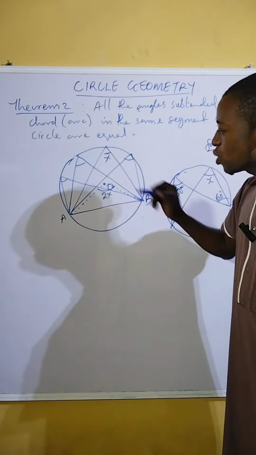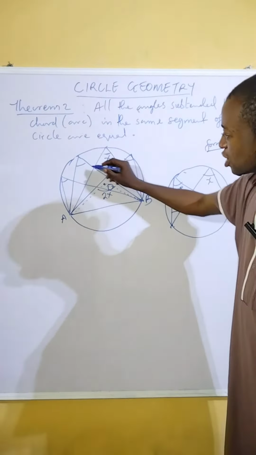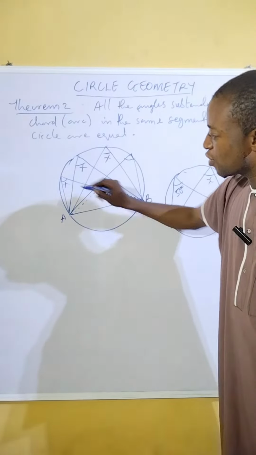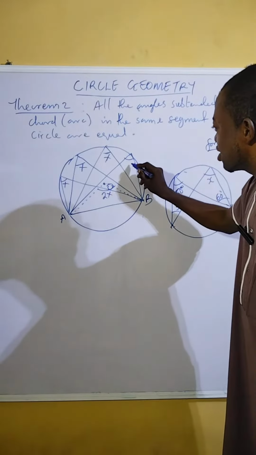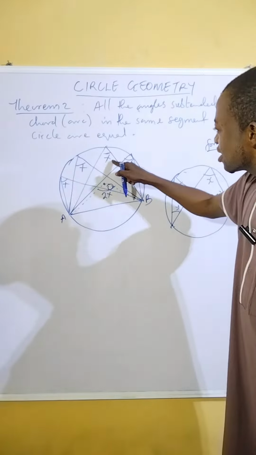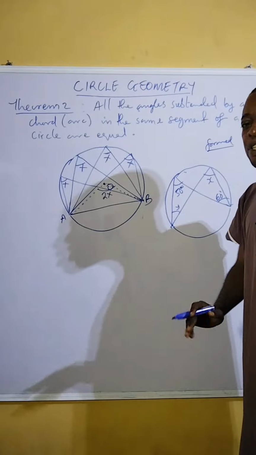Circumference, to this angle at center. So if this is 2x, this is also x. If this is 2x, this is also x at the circumference. Can you see now? If this is 2x at the center, this is also x at the circumference. You can now see that this is x, this is x, this is x, this is x. All are equal. Okay?